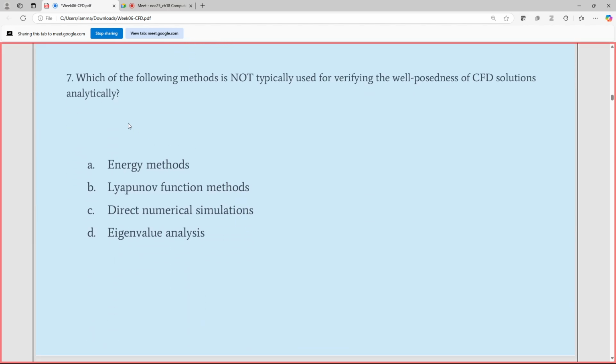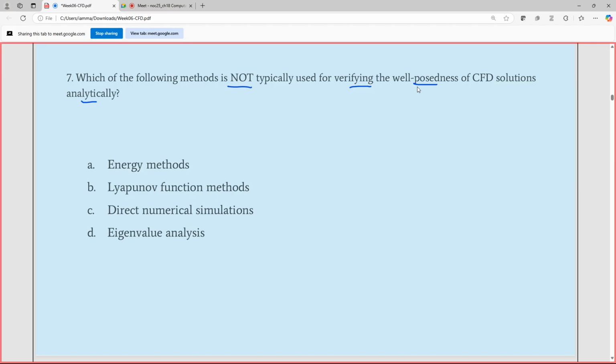Next question. Which of the following methods is not typically used for verifying the well posedness of CFD solutions analytically? We have discussed what is well posedness in last week's lectures and interactive session.